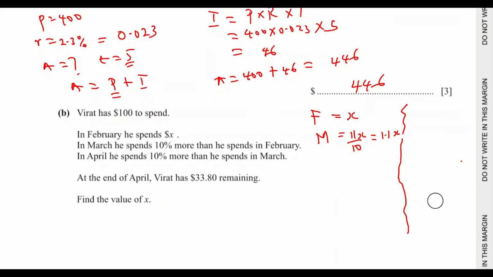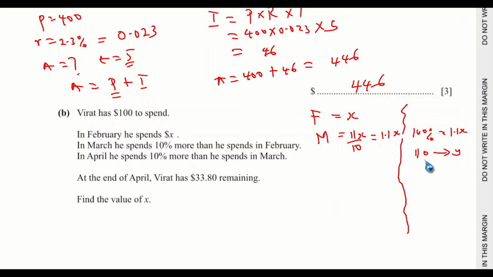So at 100%, that is March. So you have 100% to be equal to 1.1x. Then if it spends 10% more than what it spends in March, that will be 110 should be equal to y. So we want to find y now.